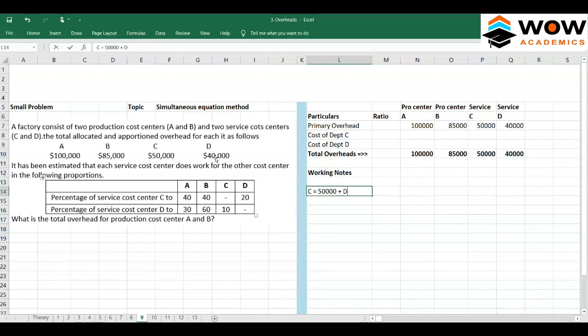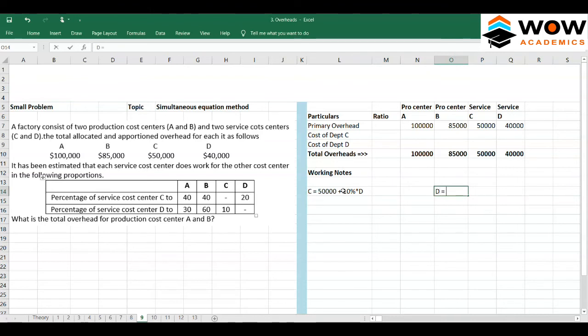How much are we getting of D's service? It is not this number. The C department gets its service from D. How much percentage of D's cost? C is using 10%, so we can put it as 10% of D. And we can also create another equation where D's cost we can find.